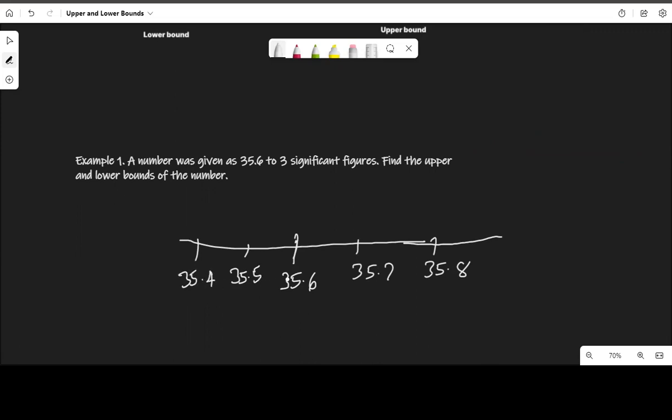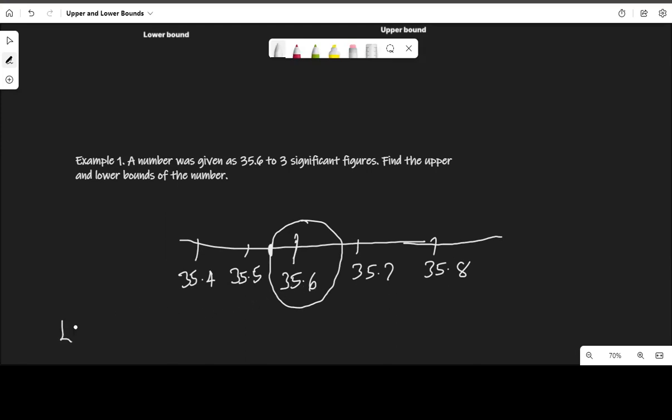So the lower bound of this number in question, 35.6, as in the least number that can round to 35.6, will be the number that lies in between the two of them. To get that number, we add 35.5 to 35.6, then divide by 2.